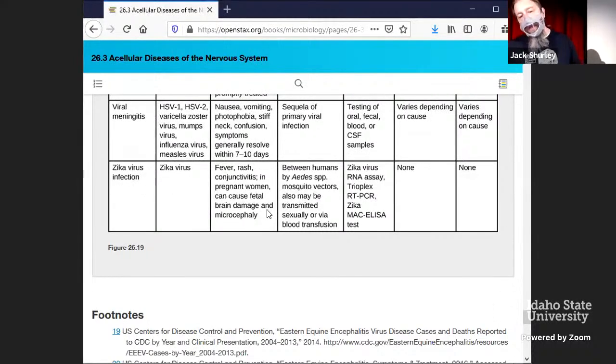Zika we already looked at, and some of the symptoms with this, again, more so with the developing child, but you can see fever and rash. There's possibility of conjunctivitis, and then the obviously issues that we just described with that. Aedes is one genera of mosquito that transmits this.